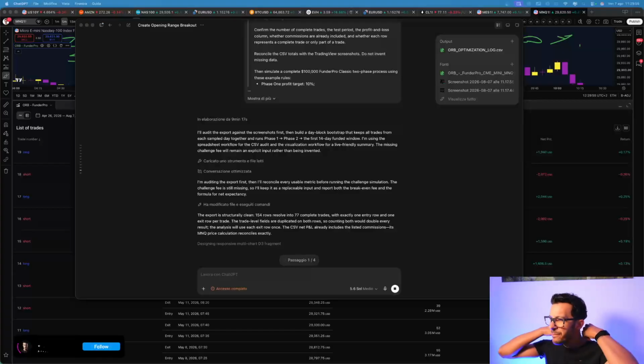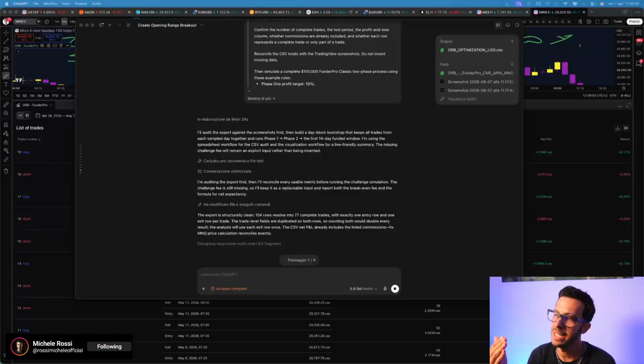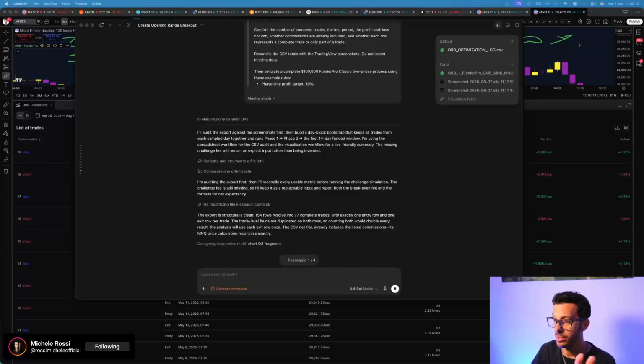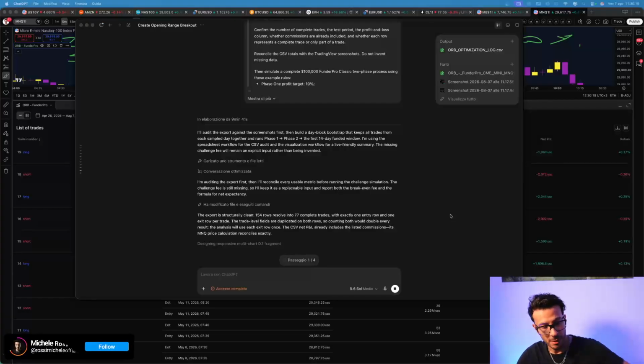So this is a completely different optimization target, because we're no longer asking how can I make the largest possible return? We are asking how can I reach the target without touching the failure limits? And this is very important to understand.